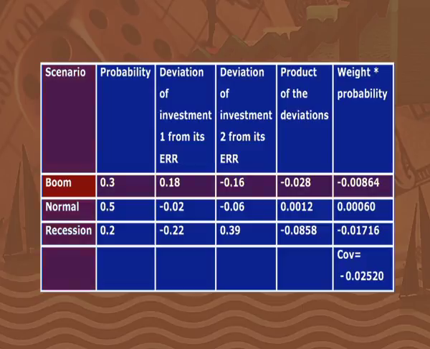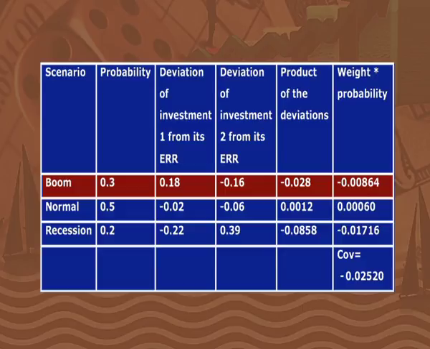Scenario 1 is boom times, the probability of which is 0.3. The deviation of investment 1 from its expected rate of return in this boom time is 0.18. The deviation of investment 2 from its expected rate of return is minus 0.16.